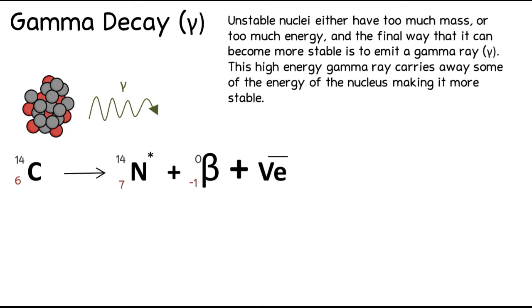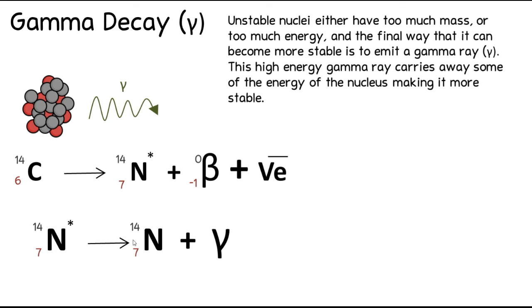So what will then happen is this excited nitrogen will decay into more stable nitrogen. Nothing changes, the proton number and the nucleon number stay exactly the same, and the way you know it's decayed is because it's lost this asterisk and a gamma ray has been given off. So gamma rays don't change the mass, so these stay unaffected, but they do carry away some energy with them.